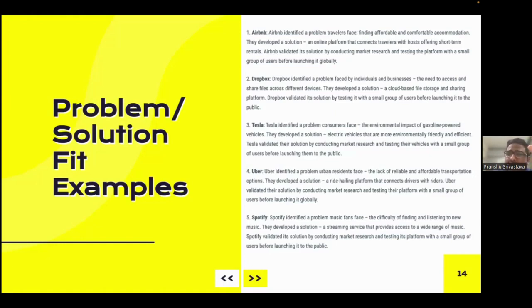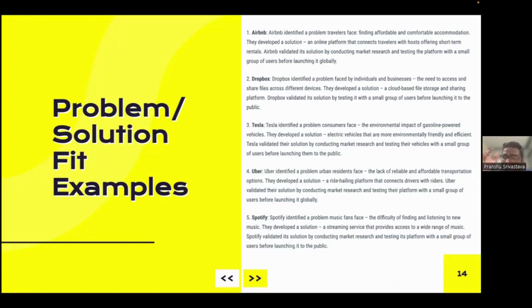Likewise, Dropbox identified a problem: individuals and businesses need to access and share files across different devices. This was the problem statement. Tesla also worked like this, right? Same for Uber: the lack of reliable and affordable transportation options. Small problem statement, right? Don't make a lot of chaos like, I want to book a cab should be like this, that, I want features inside the cab.